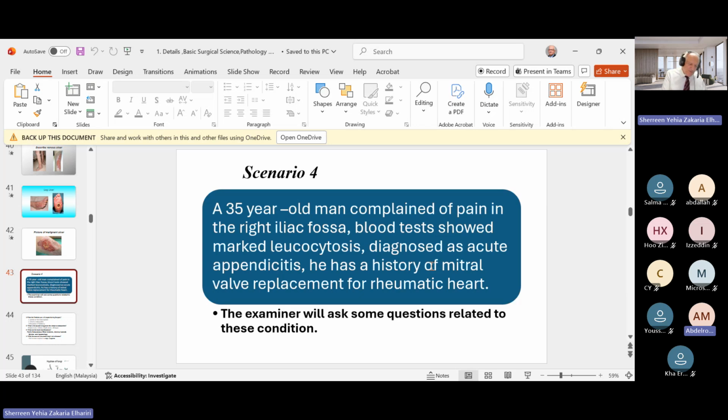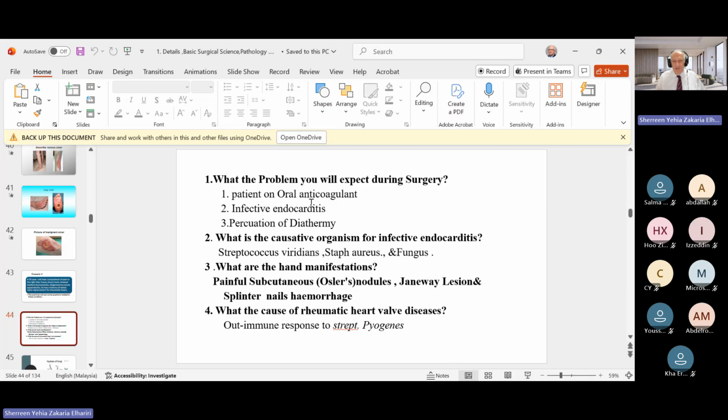Okay, so you are afraid of infective endocarditis first. Second, this patient is most probably on which medication because of the valve? An oral anticoagulant. And the third problem, use of diathermy. So you have three problems now: the patient is on an oral anticoagulant, the patient can have infective endocarditis, and precautions for diathermy.